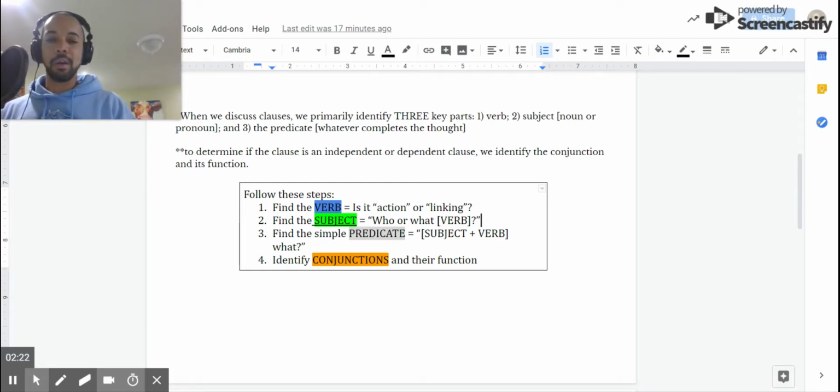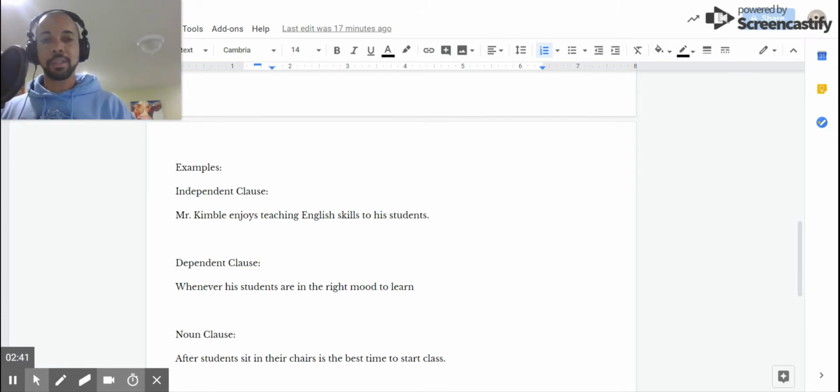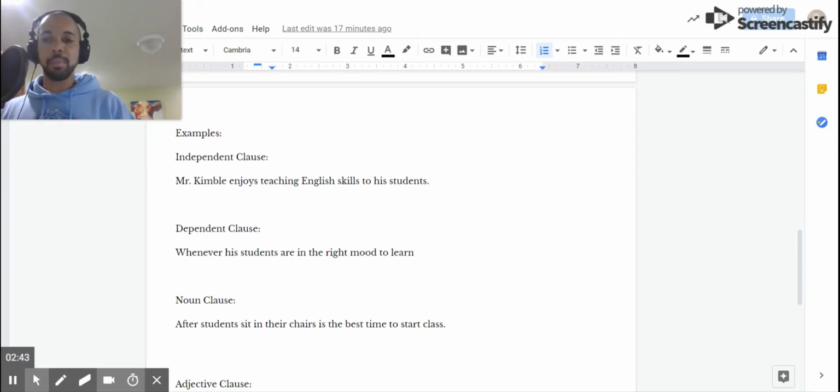Coordinating conjunctions help us join independent clauses, and subordinating conjunctions help join the dependent clause. That's usually the first word of a dependent clause. There are different relationships that we have with coordinating conjunctions and subordinating conjunctions. I'll go through those here in just a moment.